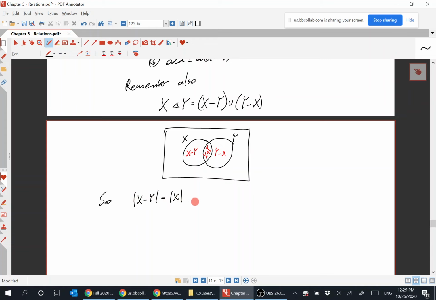Well, it's the order of X, not minus the order of Y. It's the order of X minus the order of X intersect Y. And the order of Y minus X is equal to the order of Y minus the order of Y intersect X.